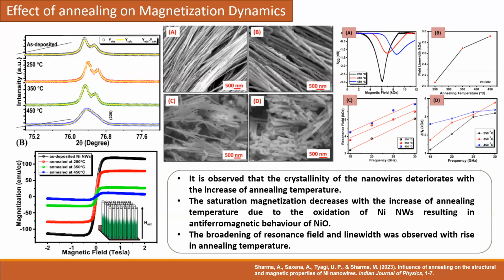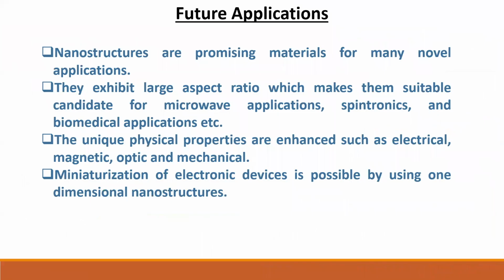We observe that the Gilbert damping constant becomes larger when we do the annealing of these nanowires. So at the last, we have investigated various different properties. This is not the end. We can utilize these nanostructures for different applications as well, since these nanostructures are promising materials for many novel applications, as they exhibit a large aspect ratio, which makes them suitable candidates for microwave applications, spintronics, and biomedical applications, as we have already discussed.